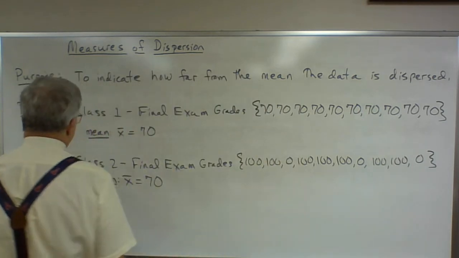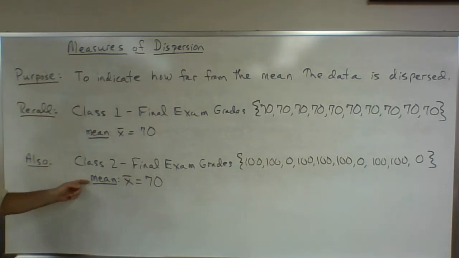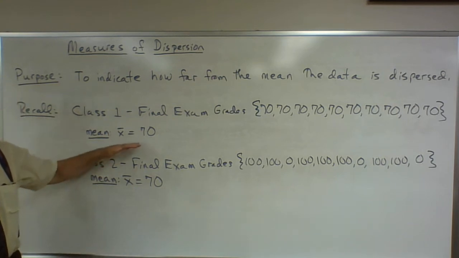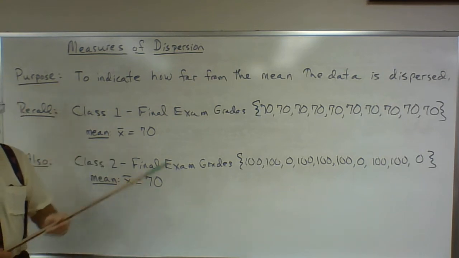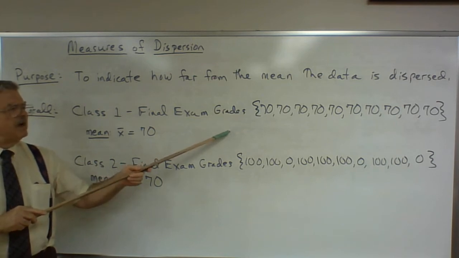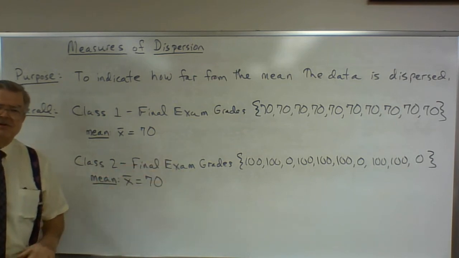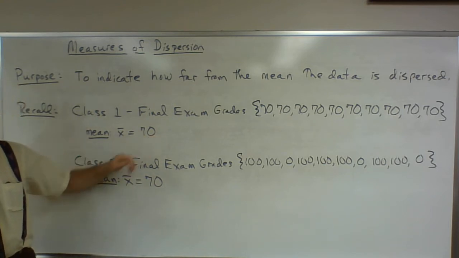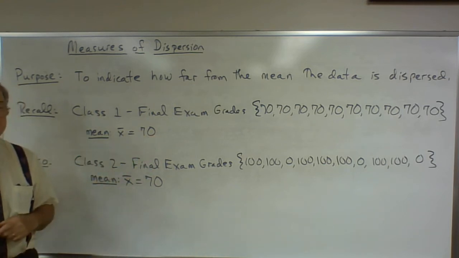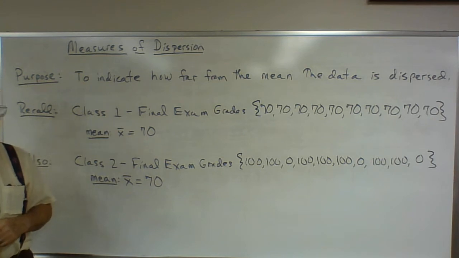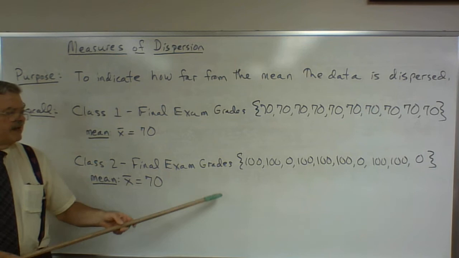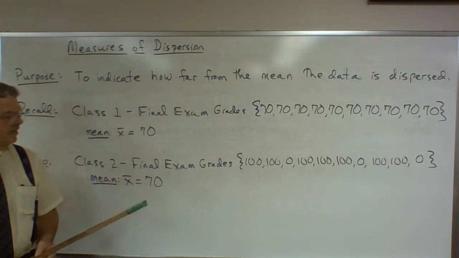So if we were given only the mean, we wouldn't know. Well, let's see. Did they all do about the same? All of the students? Not too good, not too bad. Average, typical students. They all got 70. Would we assume that, or would we assume, well, maybe some got 70, some got 80, some got 60?